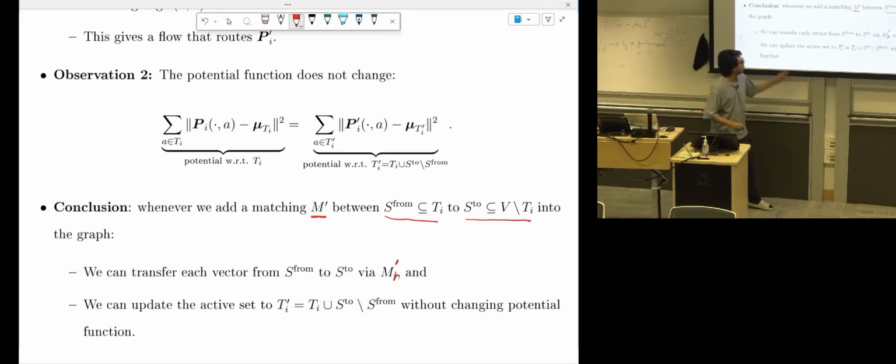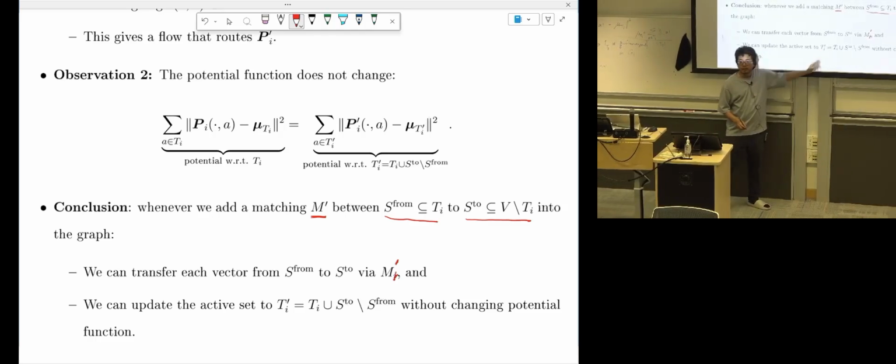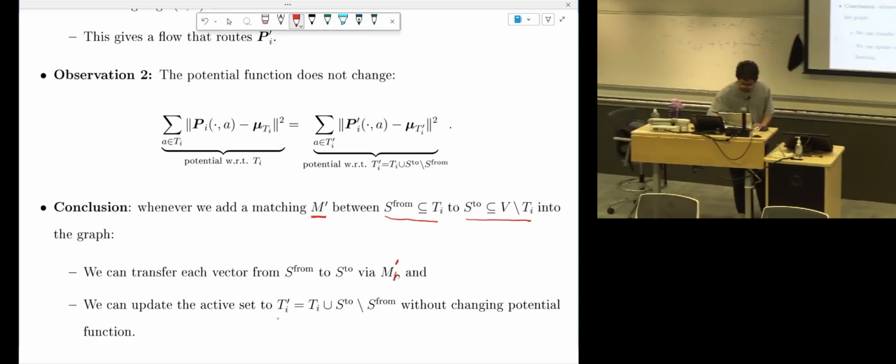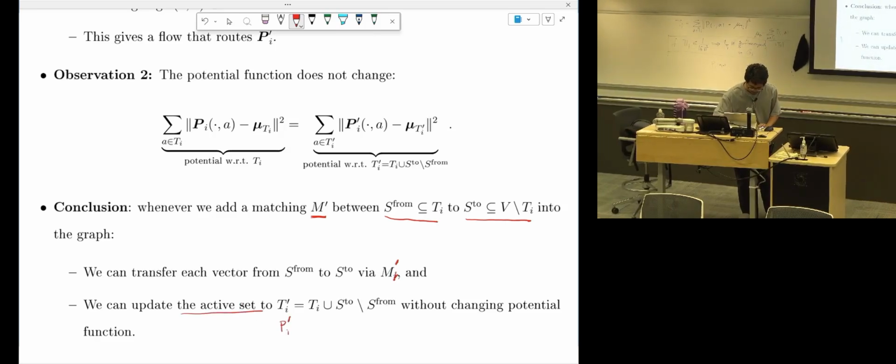And we can update the active set to be Ti prime and update the position to be Pi prime. Update active set and position, without changing potential.